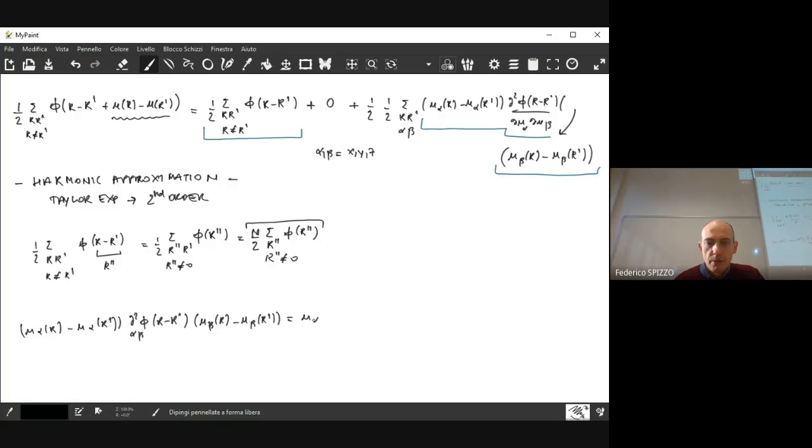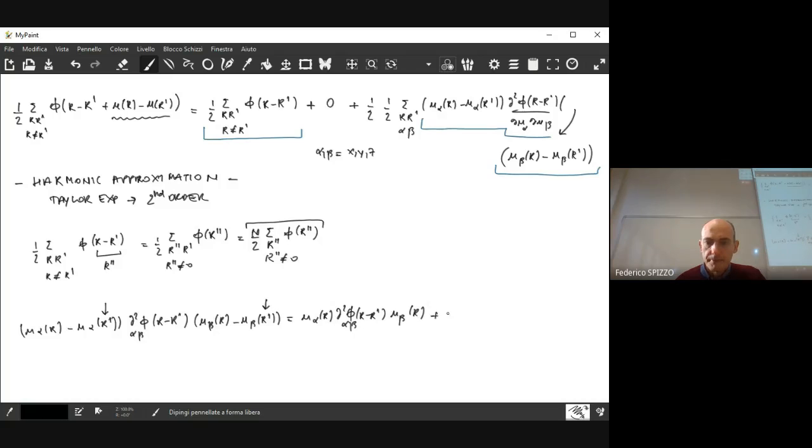So we have u alpha r, then we have the second derivative r minus r prime alpha beta, then we have u beta of r. So in this term here, the coordinate of the first deviation is equal to the coordinate of the second deviation. There is another term like this one here, that is the one corresponding to u alpha r prime and u beta r prime.